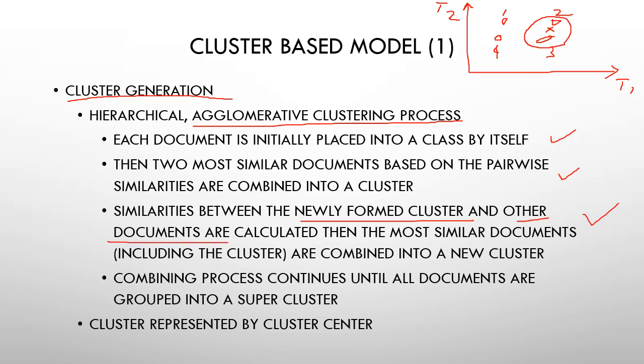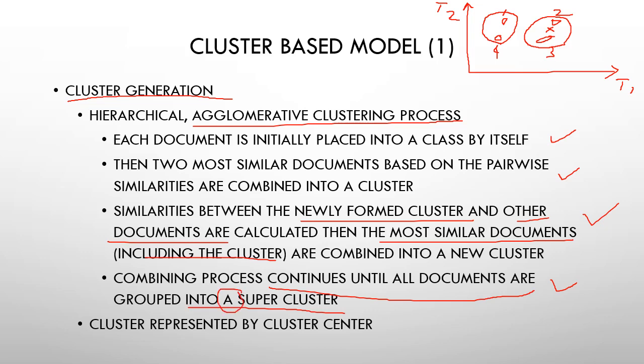Then again, the most similar documents, also including the cluster, are combined into a new cluster. In this case, the next most similar pair I think is 2 and 4, so we combine this into a cluster. So now we have two clusters. And then we repeat again. The combining process continues until all documents are grouped into a supercluster.